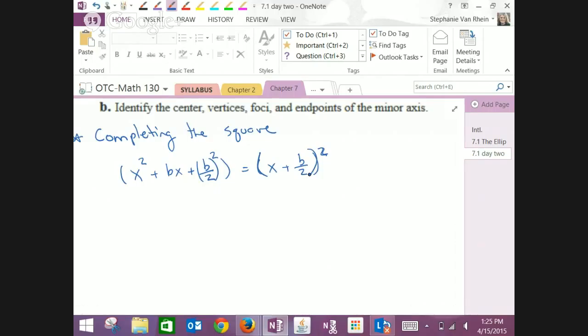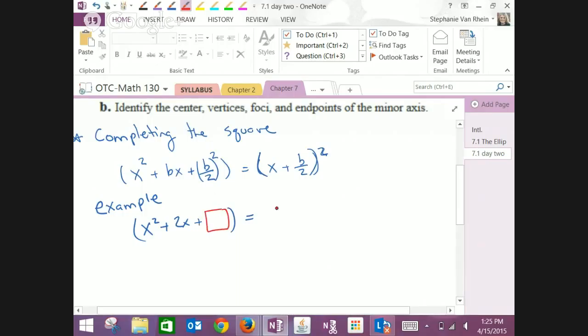So let's look at an example. x squared plus 2x. What do I need to add here to make it a perfect square? I'm going to add b over 2 and square it.